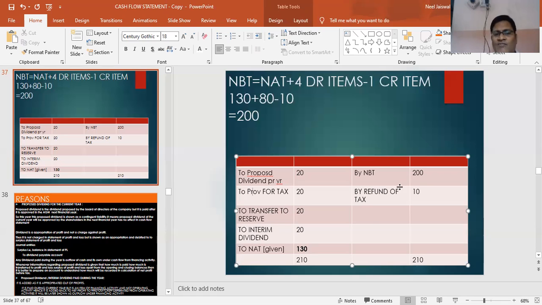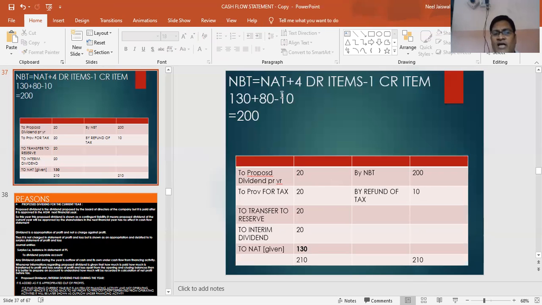In order to get NPBT, we do the opposite. Whatever is already subtracted from NPBT, we will add back. So interim dividend, transfer to reserve, provision for tax of the current year, and proposed dividend of the previous year, we add. Whatever is already subtracted we add, and whatever is already added we subtract. So we subtract refund of tax and we get NPBT as shown over here in the sum.